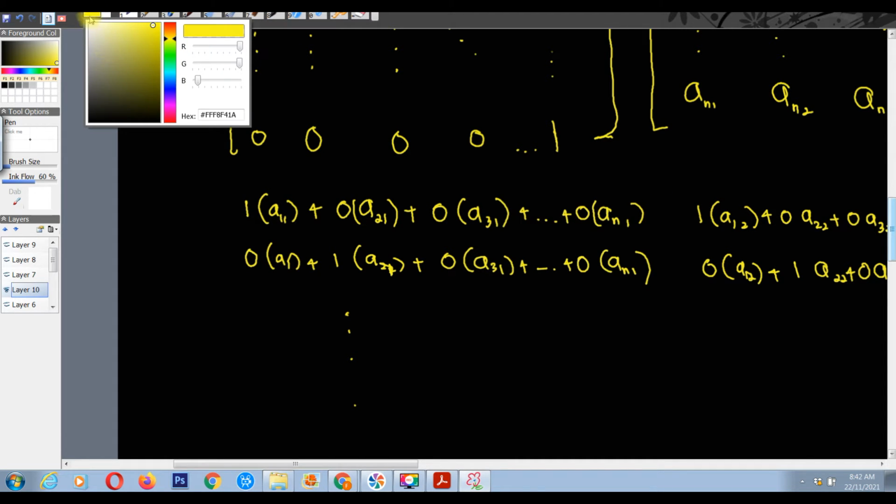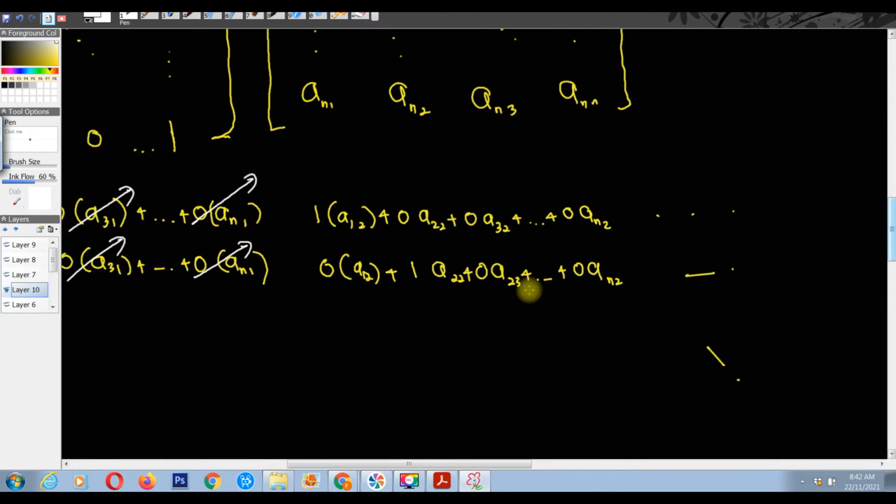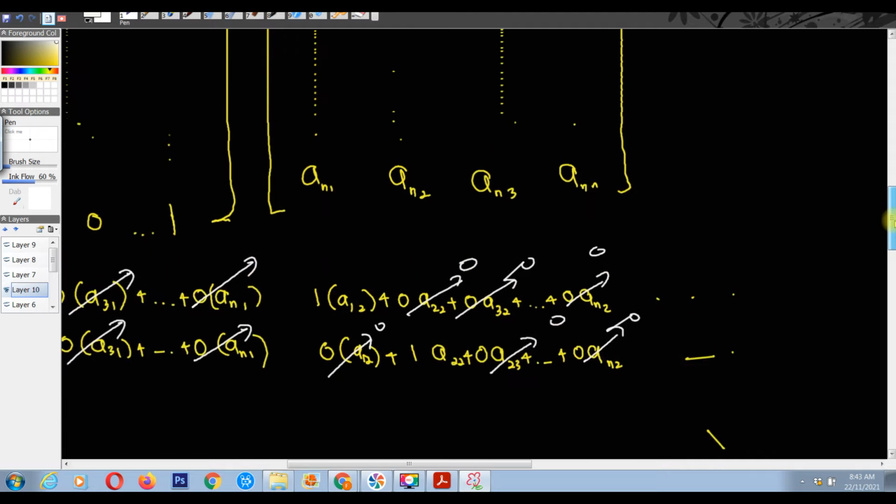For example, here we have 0, so we get a11, and the rest is 0, with only one term remaining. So this is the same.